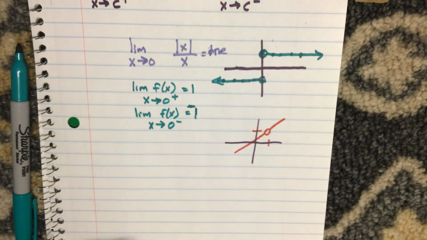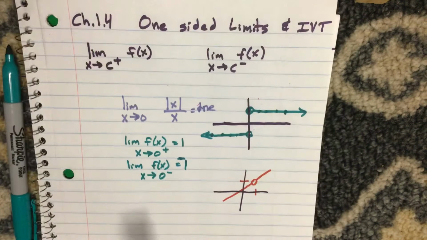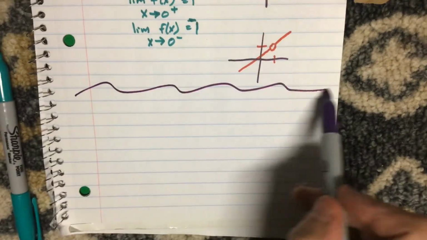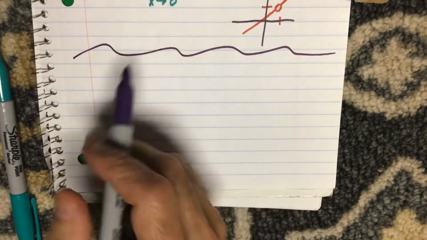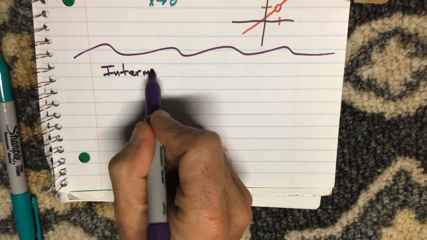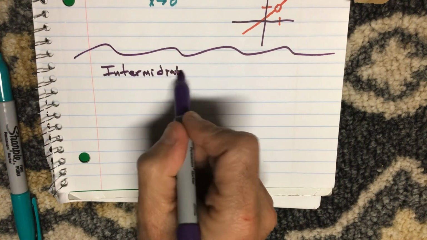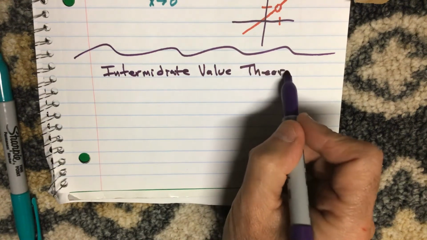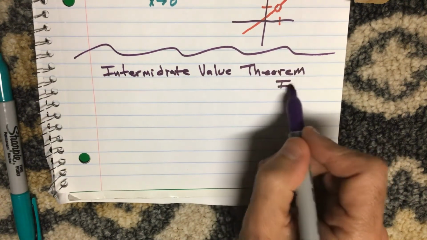Now I want to look at the intermediate value theorem, also known as IVT. This is called the intermediate value theorem, also known as IVT.